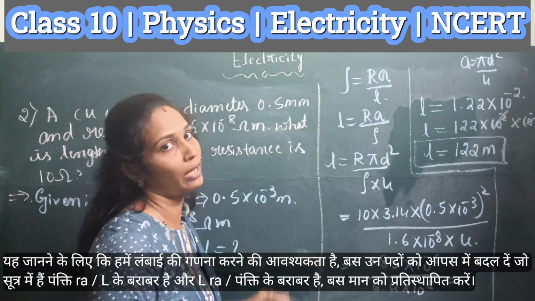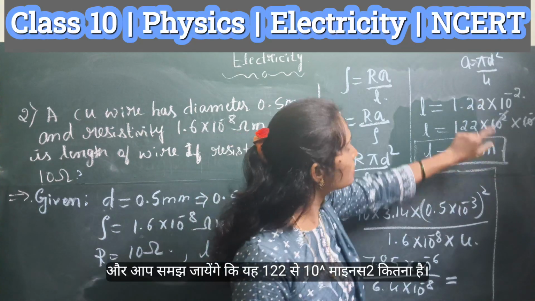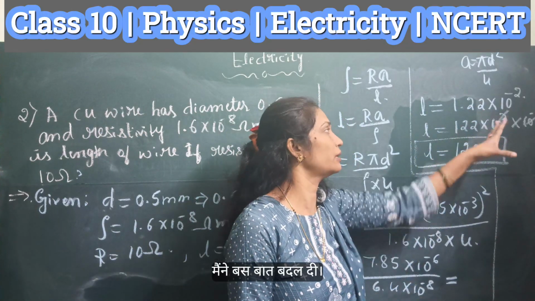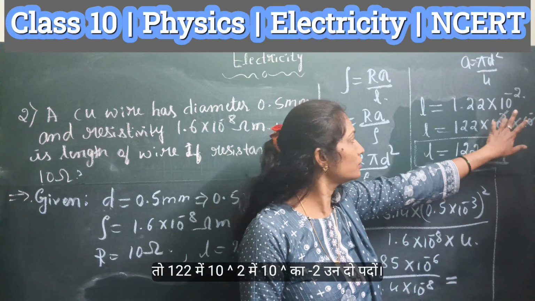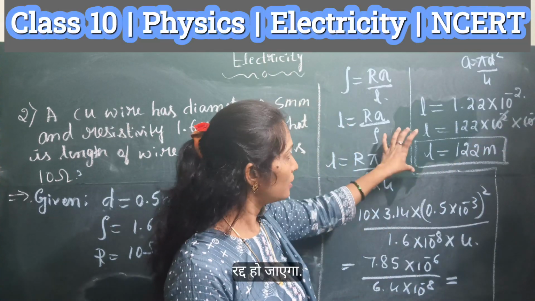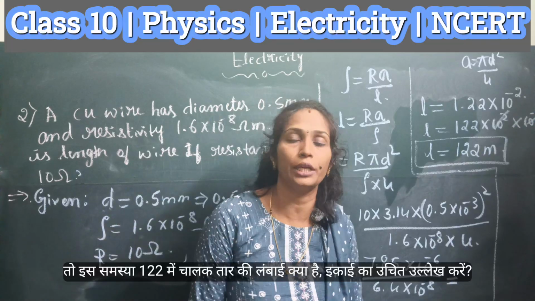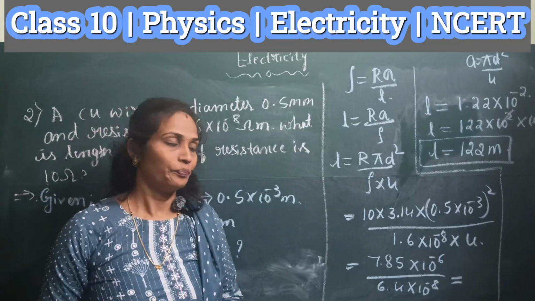Just substitute the values and you will get around how much? 1.22 into 10 to the power of minus 2. I just shifted the point, so 122 into 10 to the power 2 into 10 to the power of minus 2. Those two terms will get cancelled. So what is the length of the conducting wire in this problem? 122 meter. Mention the unit properly.